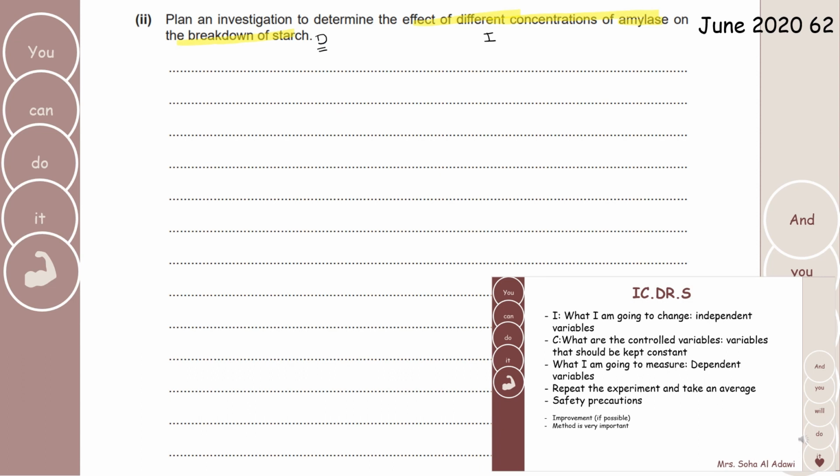It's the dependent variable. So let's start with ICDRS. So I is what you're going to change, or the independent variable, and the independent variable here is different concentrations of amylase. But please do not forget that you must mention the method, or what we also call here the replica.